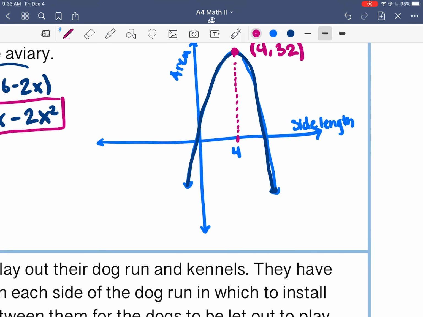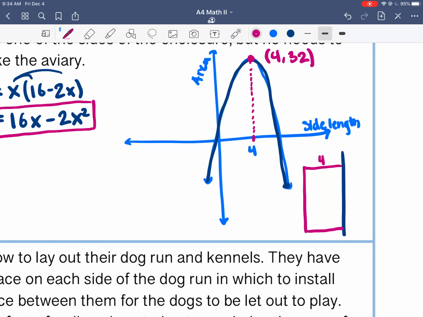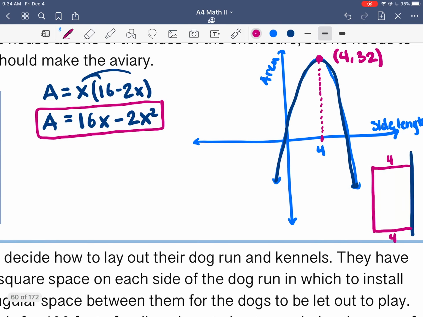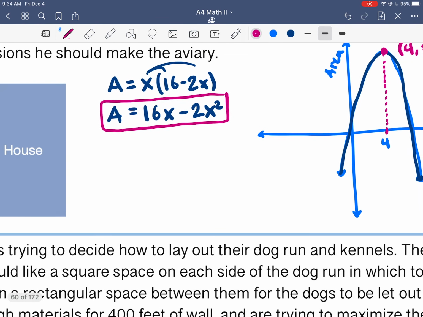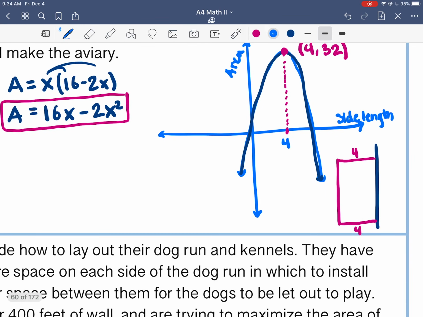Here's the house, and then we have a side length of 4. And let's figure out what the other side would be. So these two sides are 4, but what is this missing side? It's 16 minus 2x. So 16 minus 2 times 4 is 16 minus 8, which is 8. So this side length is 8, and that yields an area of 32.